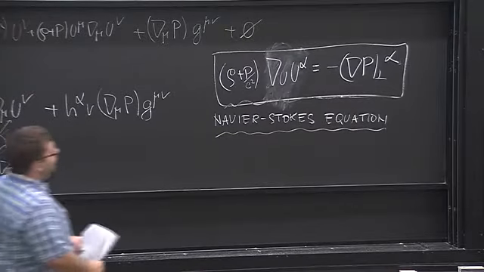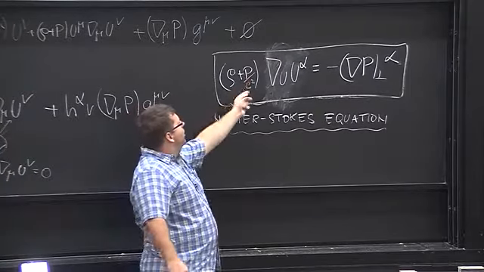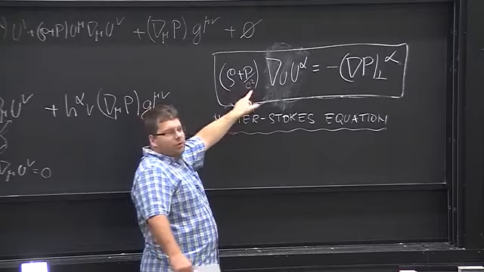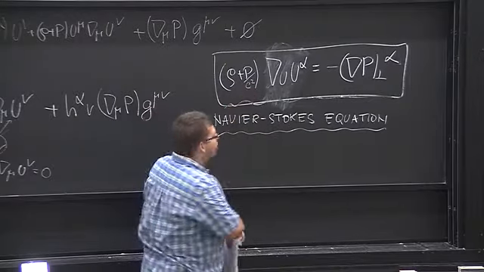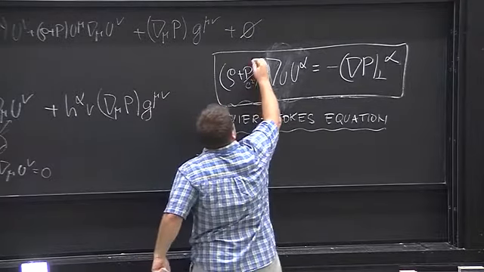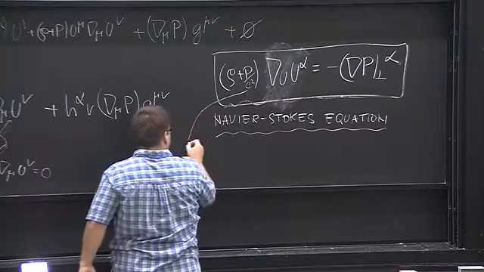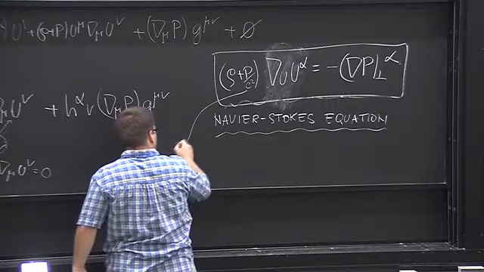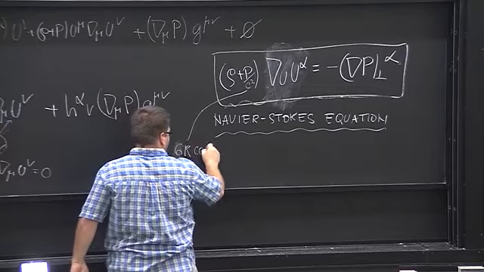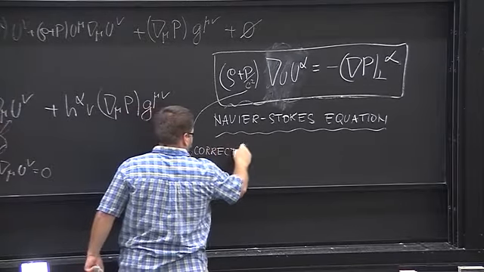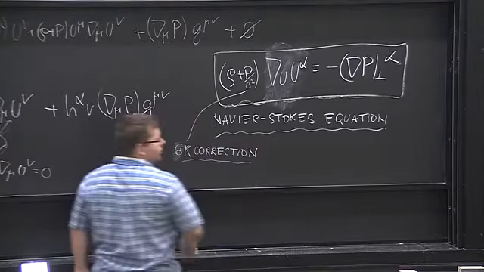In the non-relativistic limit, this term is not there. So this is the general relativistic correction, the GR correction.